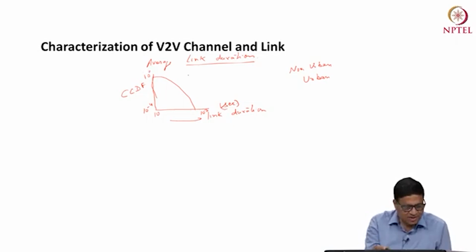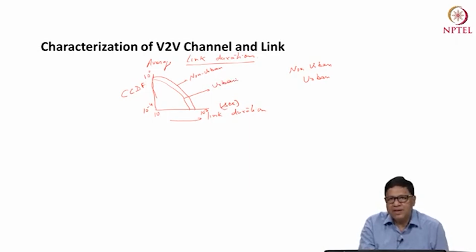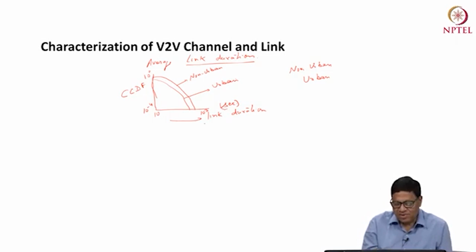So this is for non-urban environment, and if you plot similar for urban, this will be a little less here. So this is for urban, because in urban the traffic density is more, there will be more vehicles, they will have more interference. So basically the average link duration will come down in urban environment, but it goes up to about 10 to the power 3 seconds.